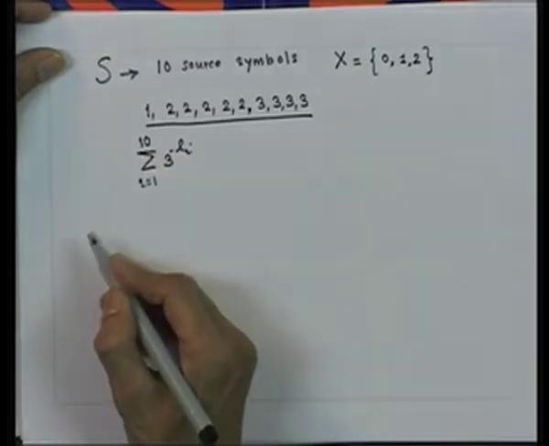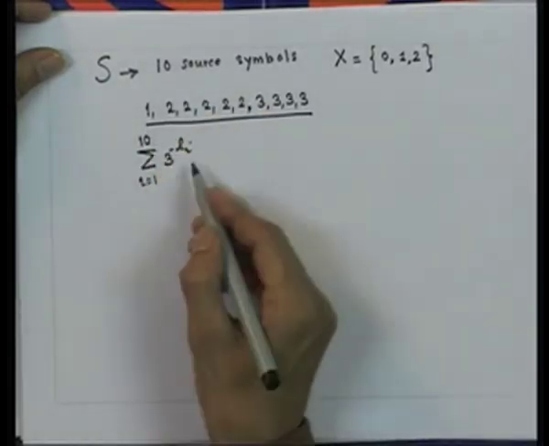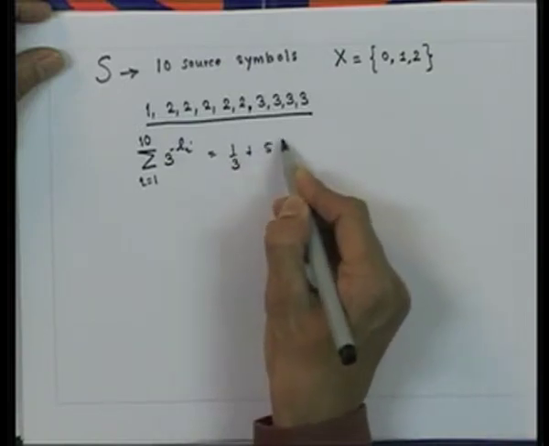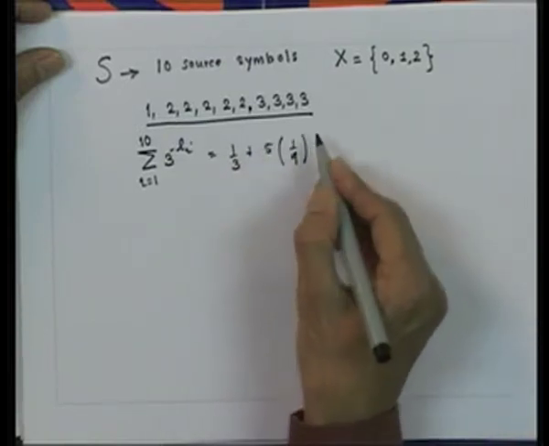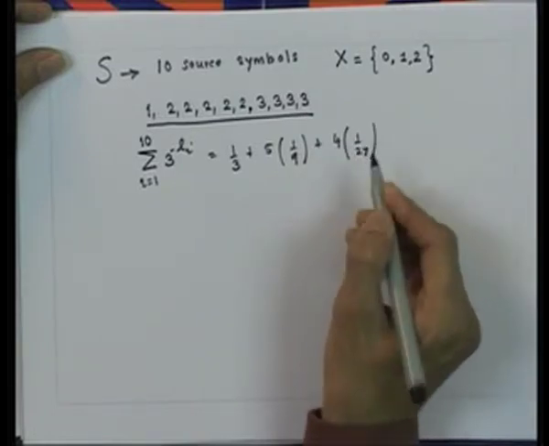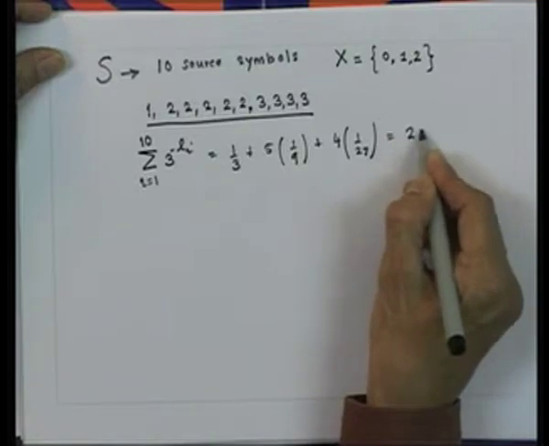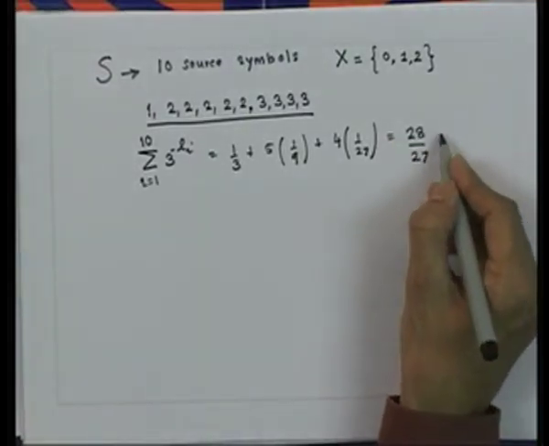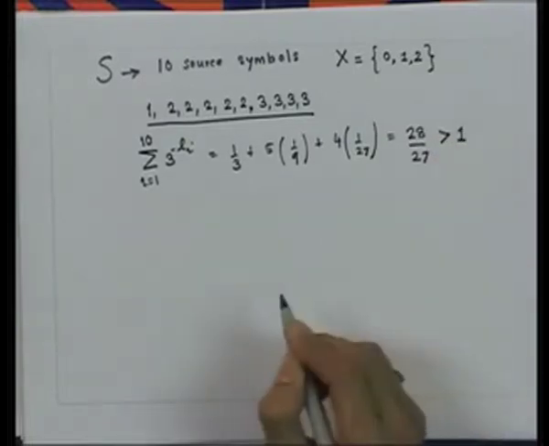Since we have 10 source symbols, this turns out to be equal to 1/3 plus 5 times 1/9 plus 4 times 1/27, and this is equal to 28/27, which is greater than 1.